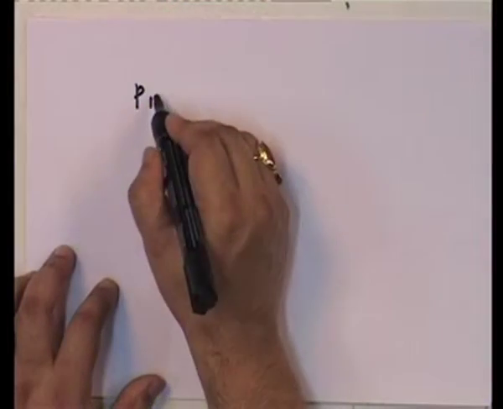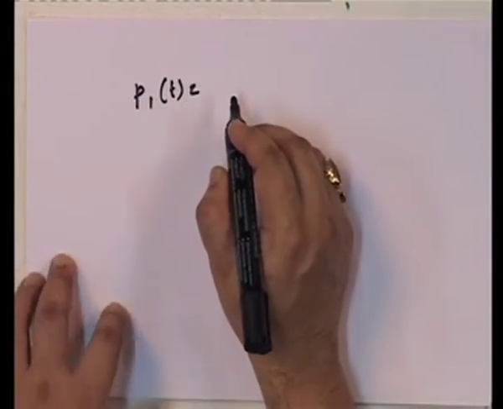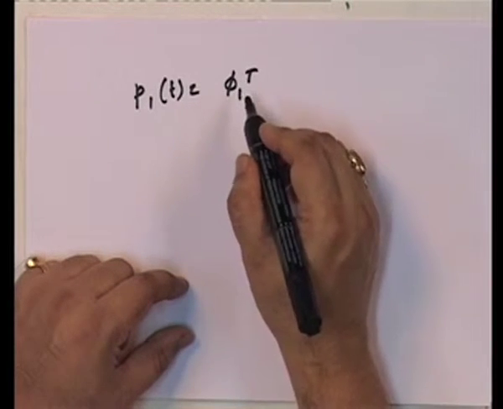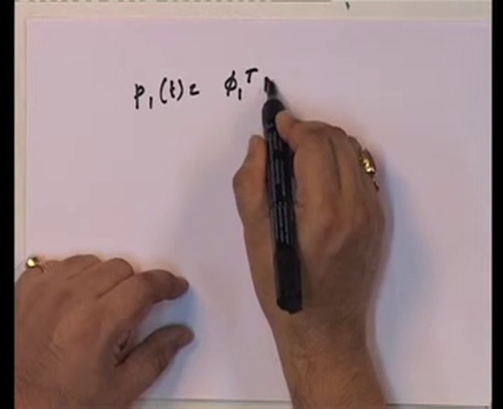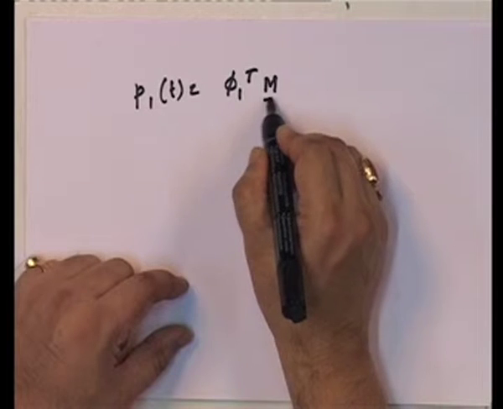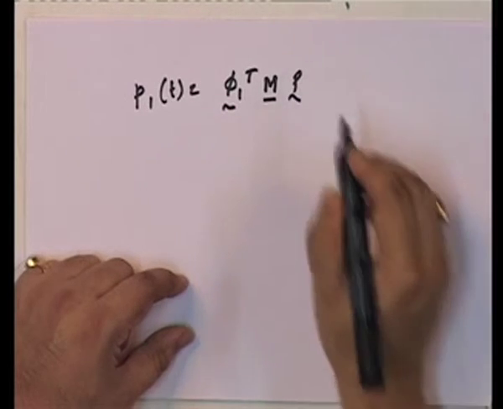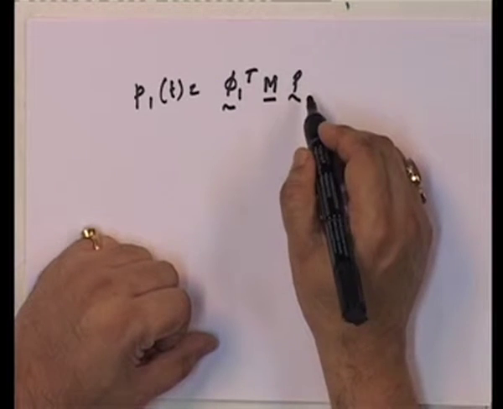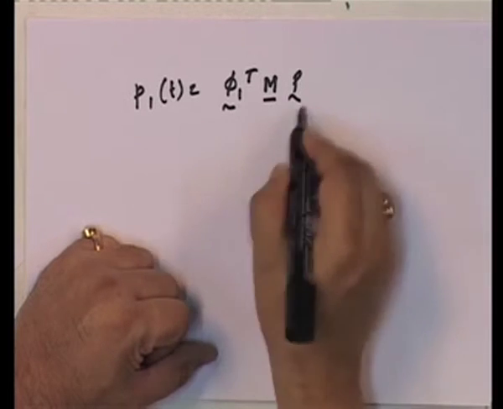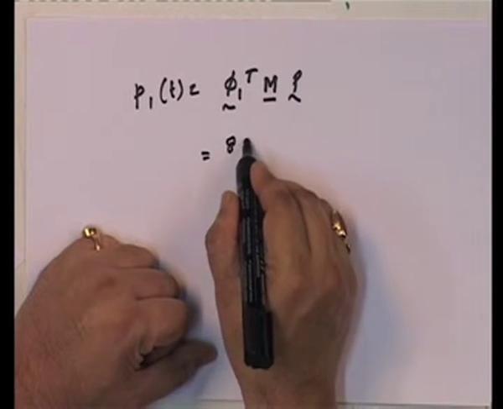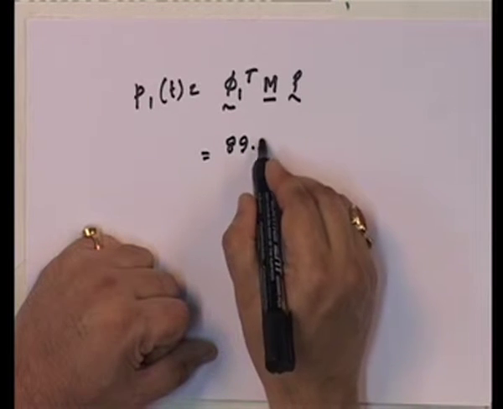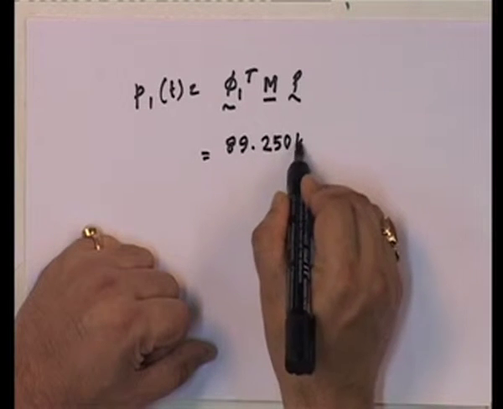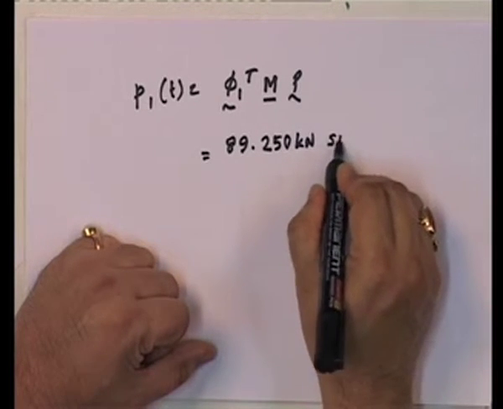Let us look at P1 of t, which is equal to phi 1 transpose into M into P. If you do that and substitute, this turns out to be 89.250 kilonewton sine of omega bar t.